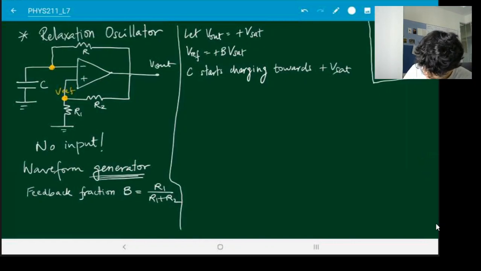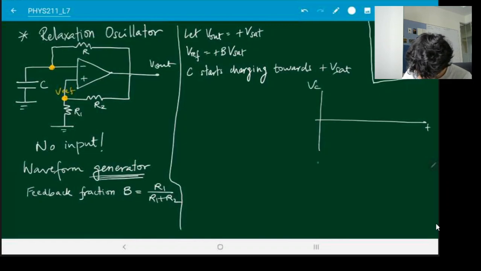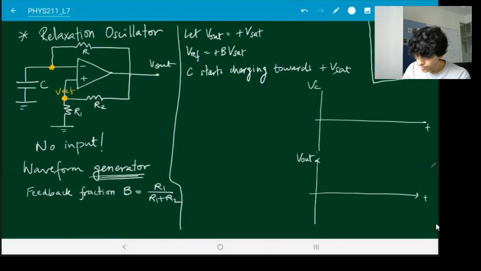So let us make a plot. Over here, I'm going to plot the voltage across the capacitor, and over here, I'm going to plot the output, V out. I'm saying initially, our output is at plus Vsat. So the capacitor is trying to charge.